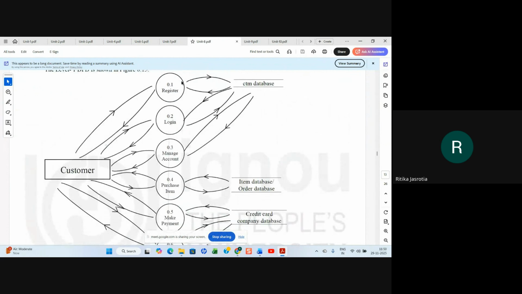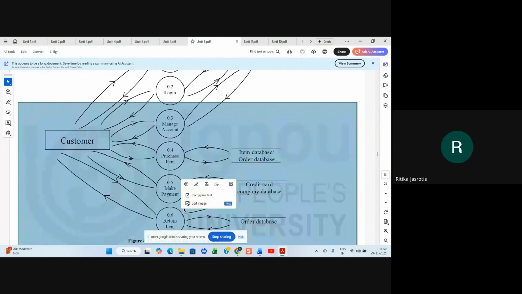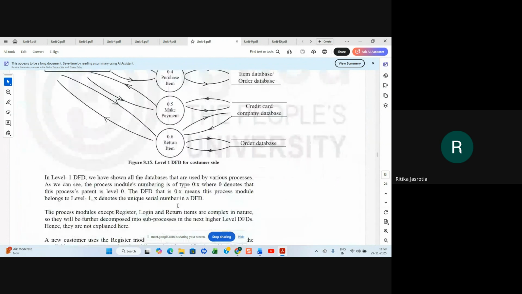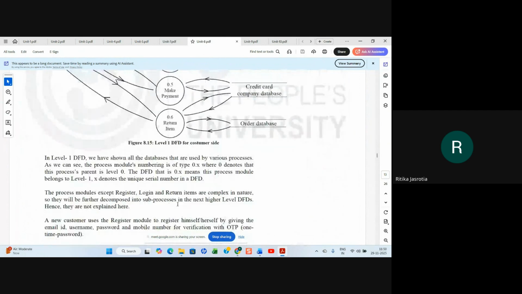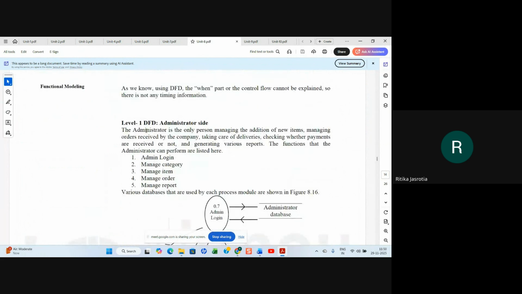These are the things a customer can do. So you have customer database, you have item or order database, you have credit card company database, or you can say payment, and here order database. This kind of a thing, right? So this is level 1 DFD. Then you have level 1 DFD from administrator side.